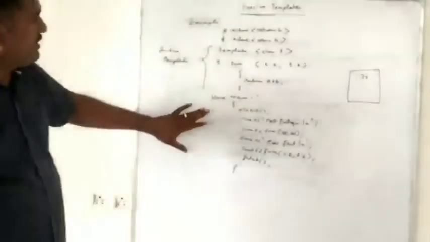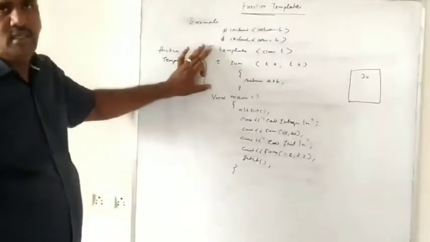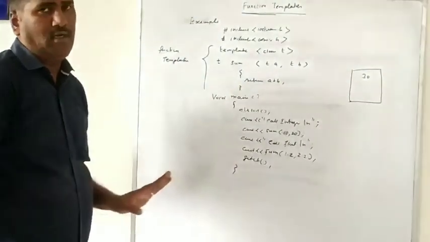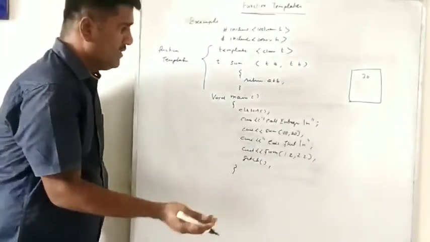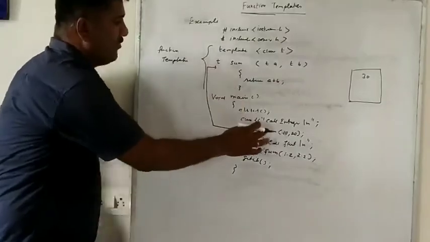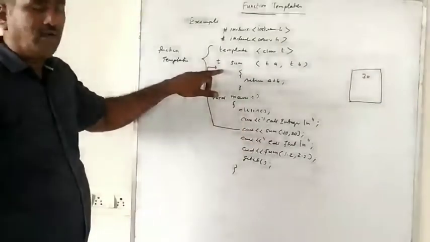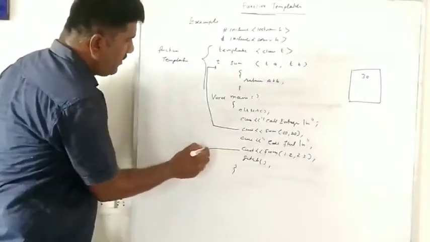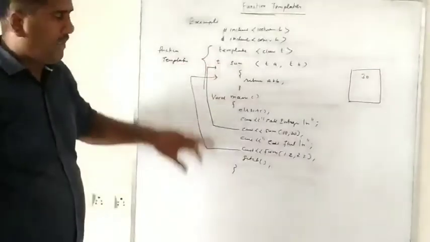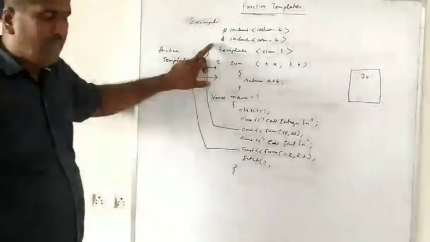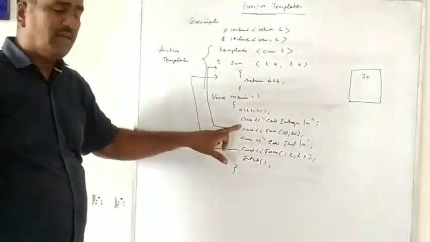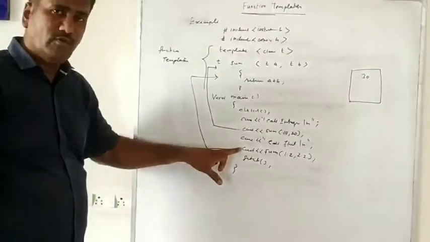Here we are using only one function definition, but two function calls. When you use the integer function, the integer template is called. Second, when you use the float function, the float template function is called. The function definition is the same, but we use it for more than one purpose: one for integer values, another for float values.